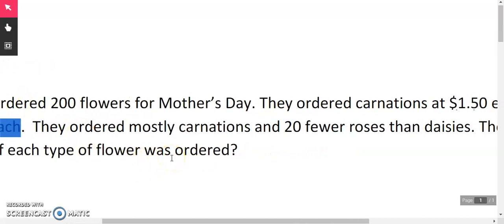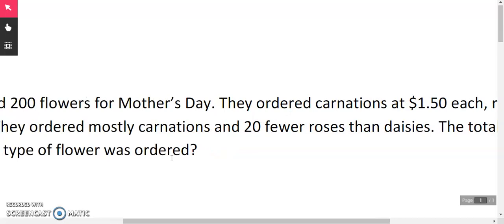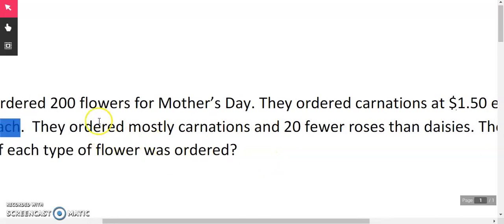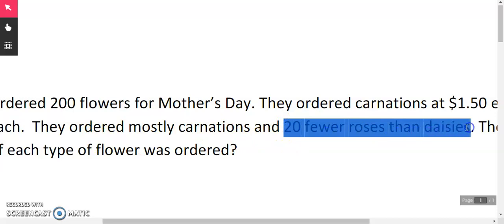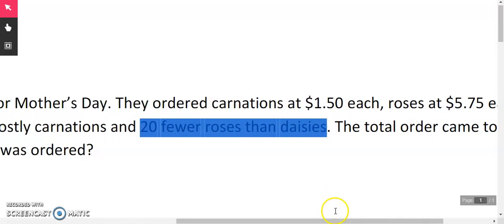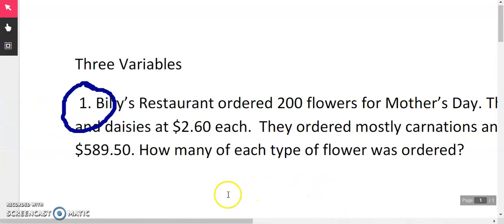We know that those are probably going to end up being our variables. He also knows that we have 20 fewer roses than daisies, and the total order came to $589.50.